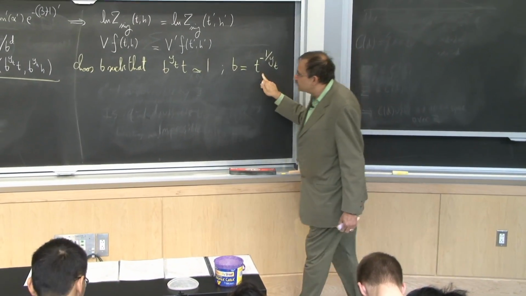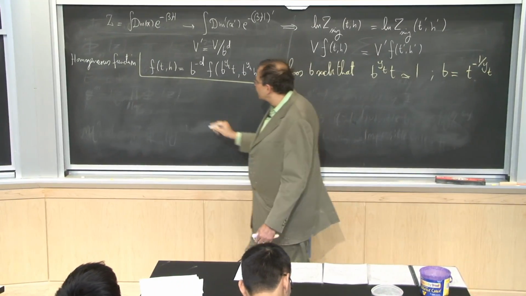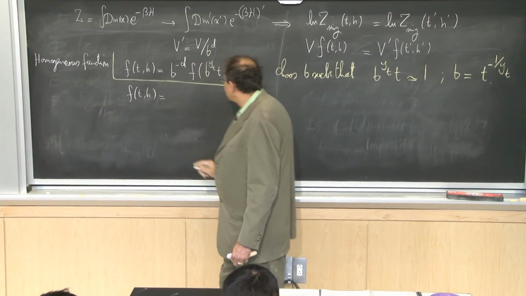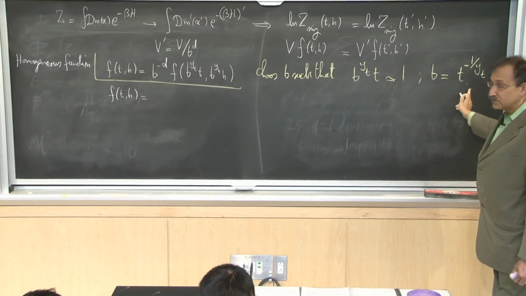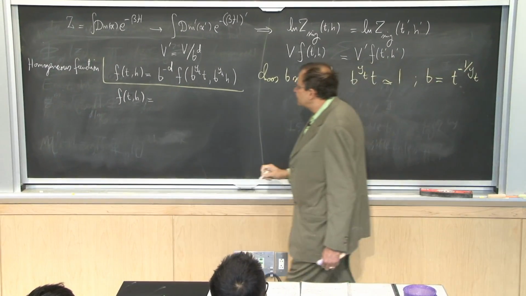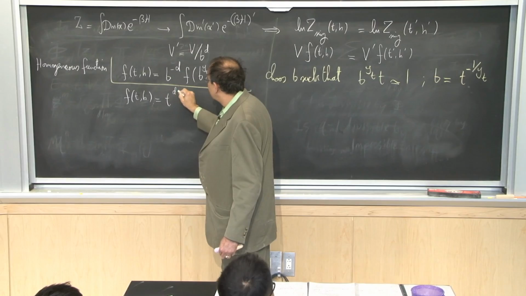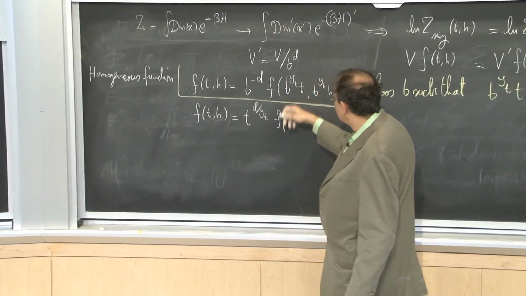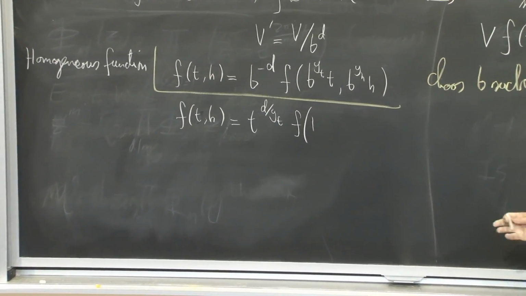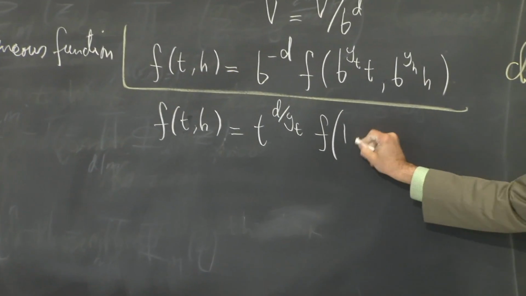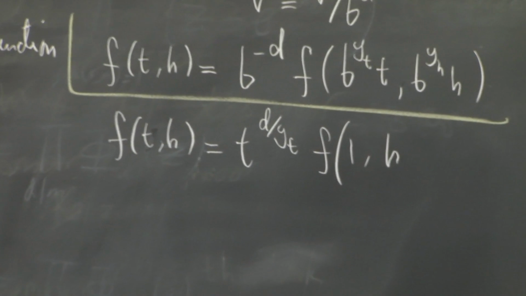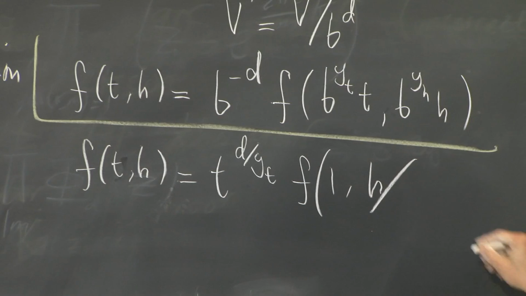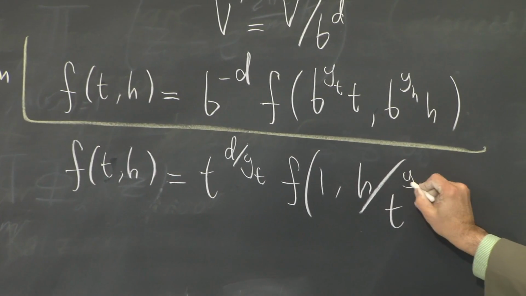I put this b in; this expression is true for all choices of b. If I chose that particular value, what I get is t to the d over yt times some function. The first argument has now become 1 or some constant, so it only depends on the second argument, in the combination h and t to the power of yh over yt.